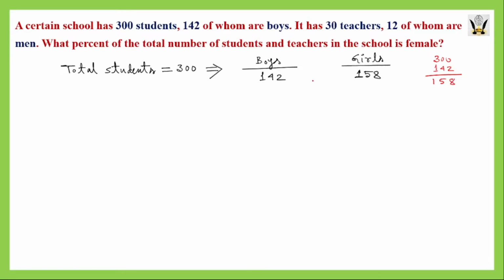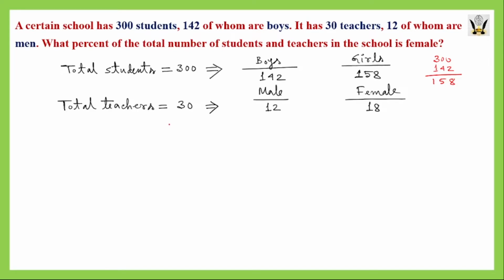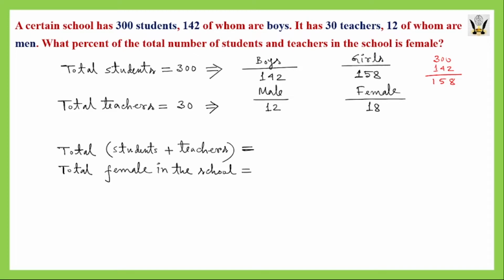The next information we are getting is that the school has 30 teachers, and out of those 30, 12 are male teachers. So the total number of teachers is 30, and the total number of male teachers is 12. That means the total number of female teachers will be 30 minus 12, that is 18. The total number of students and teachers in that school is 300 students plus 30 teachers, so that will be 330.